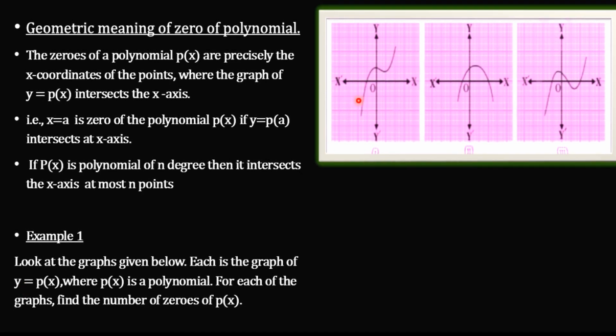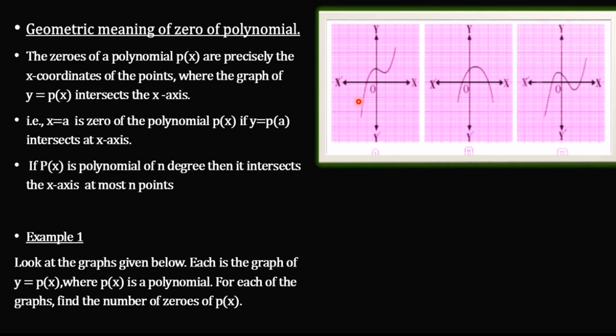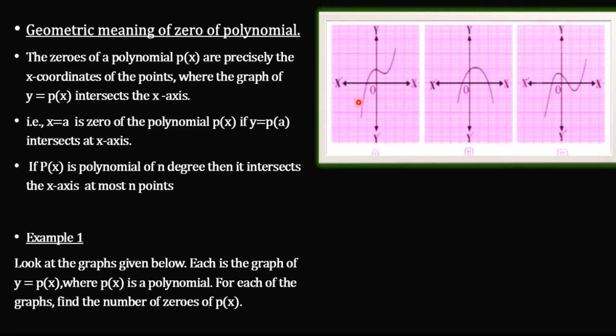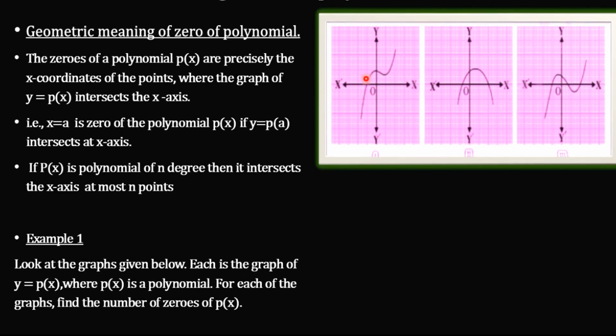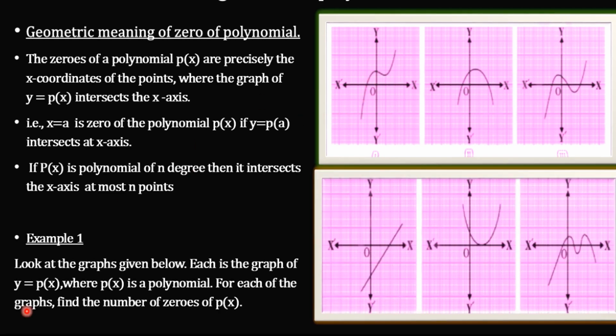At first we have to note the number of points at which the graph is intersecting the x-axis. Then the polynomial will have that many zeros. Here the graph is intersecting at only one point, so this polynomial will have only 1 zero.